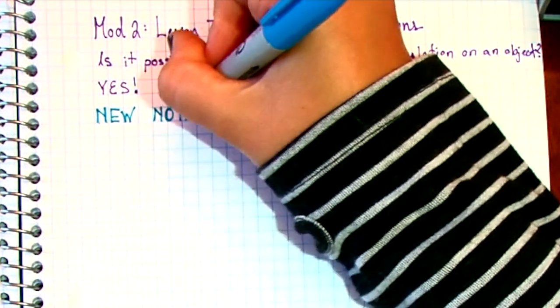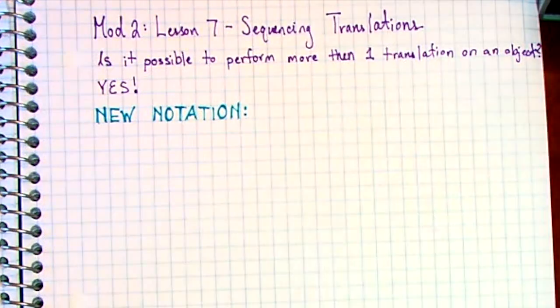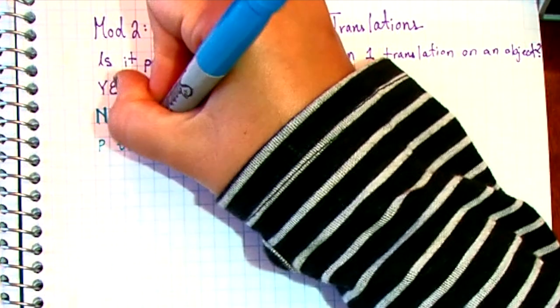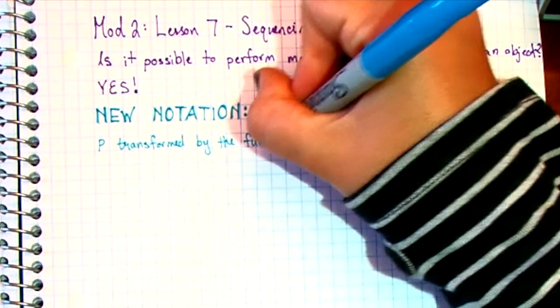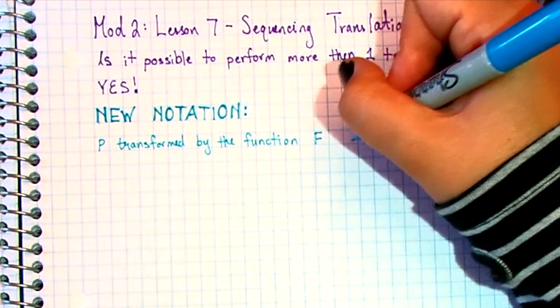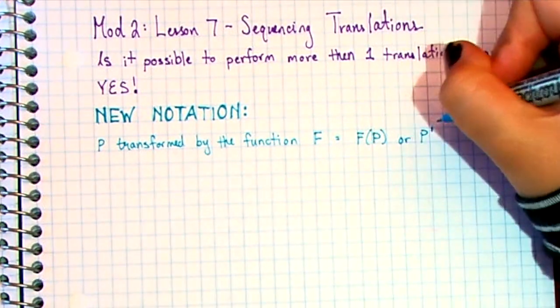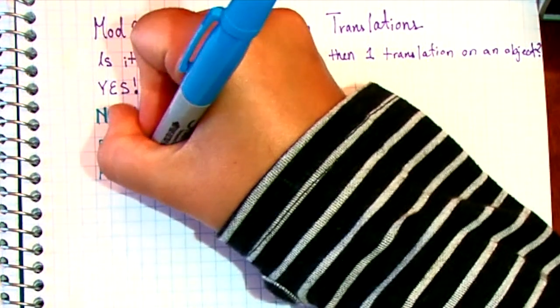So let's look at some new notation for our new ideas. We've talked about a point P, and when P is transformed by the function f, that's equal to f of p or p prime. And we've used this notation a lot lately, so this should sound really familiar.